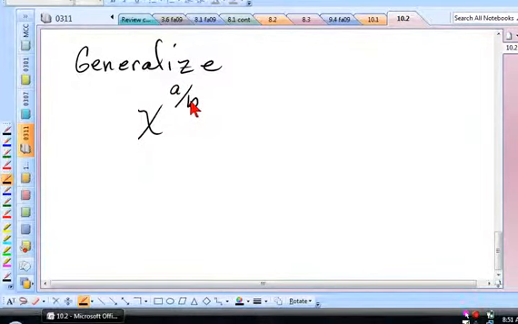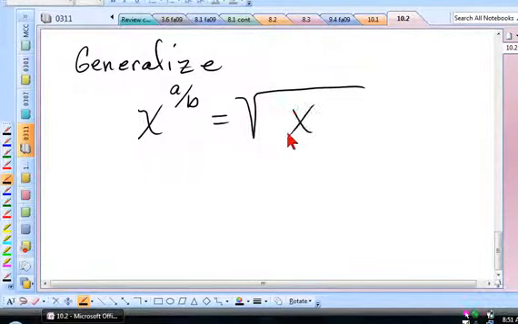Now, we haven't been doing this. We've been raising things to the 1 over something. It's important that you know where everything goes. The base is x. It becomes the radicand. The power has 2 numbers, and they have different roles. The denominator is the index.